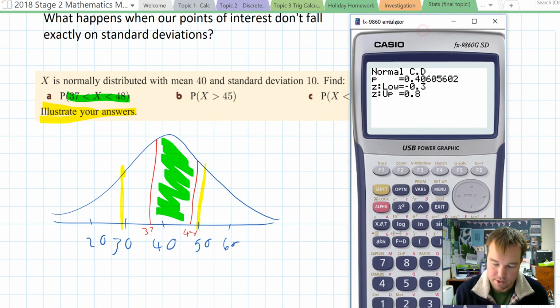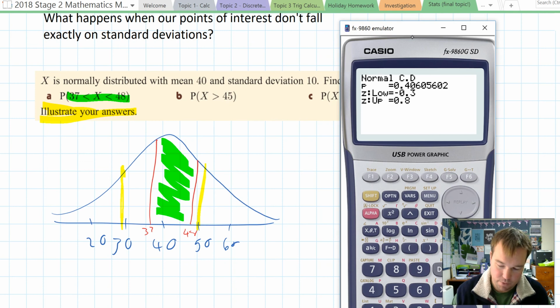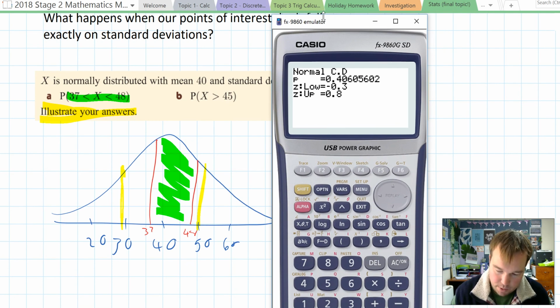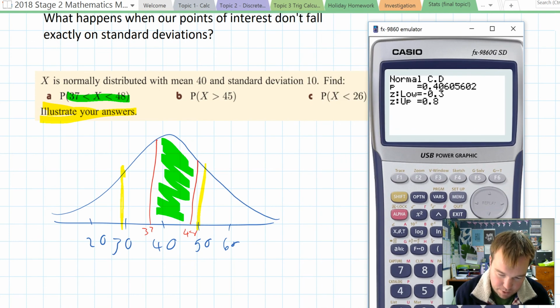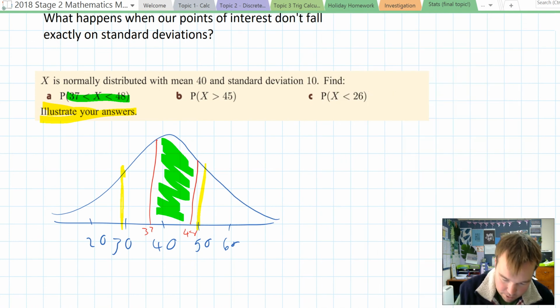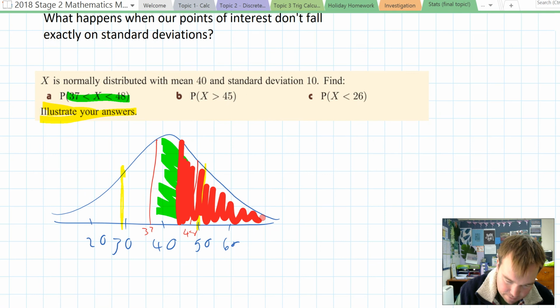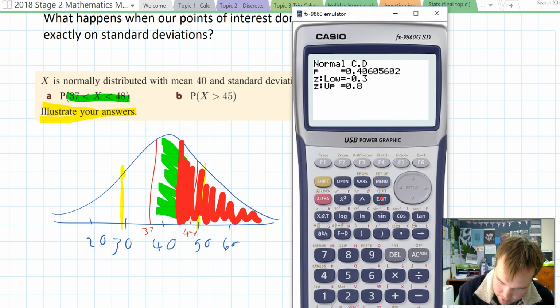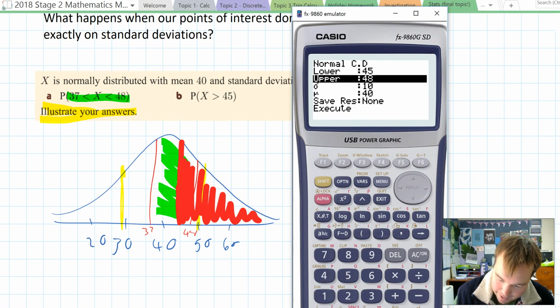Alright, here are two other ones. So this is a two-sided distribution, or probability distribution. This is one-sided. So what this is asking really is what's the probability that's over 45? So in our different color here, 45 is there, over 45 is all of that. Alright? So, what we do is we set our lower to 45 and our upper to 1e99.